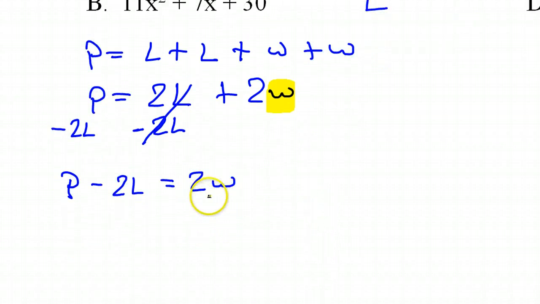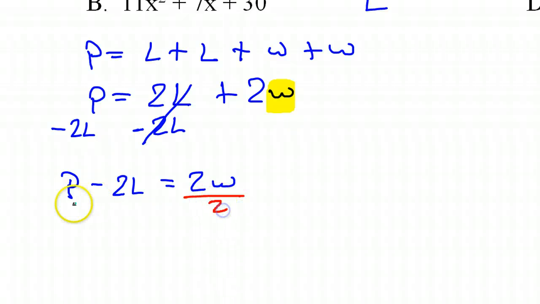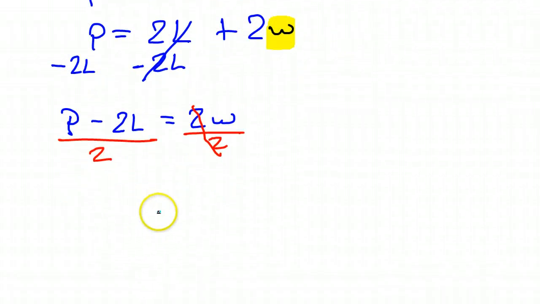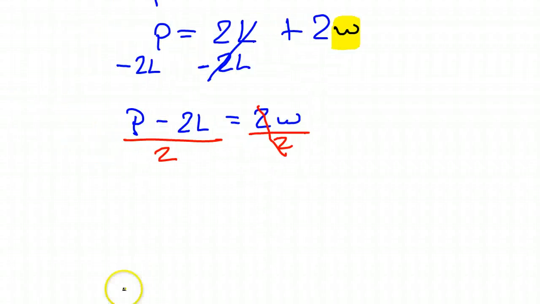Now, if I want to get W by itself, what am I going to do? I need to divide both sides by 2. Okay, so this is an expression for W. In fact, I hope you don't mind if I flip it around the other way.